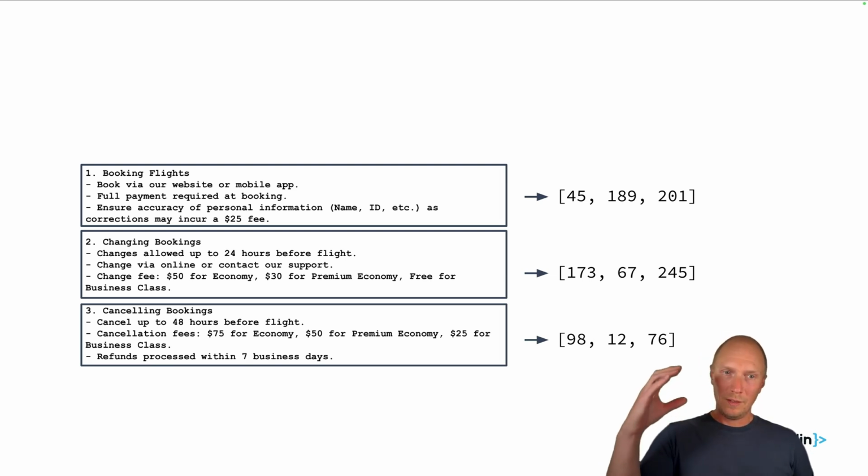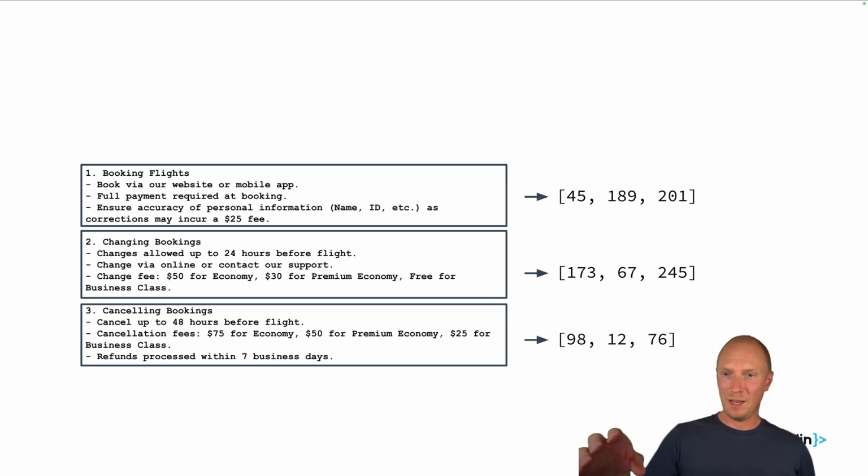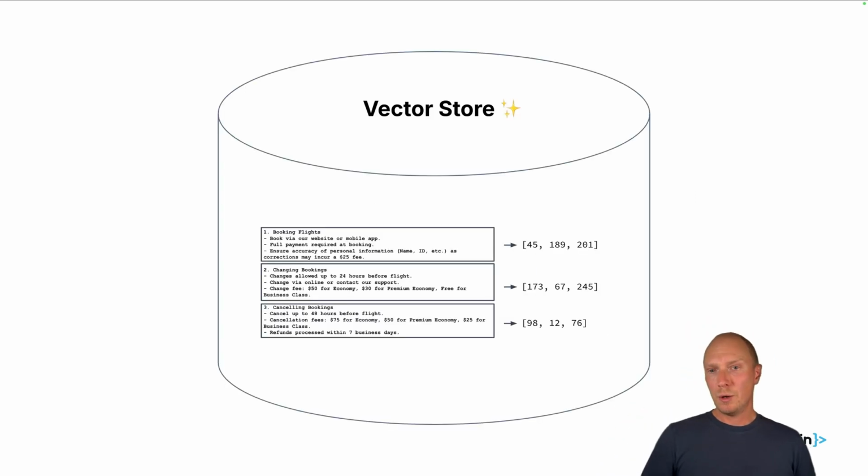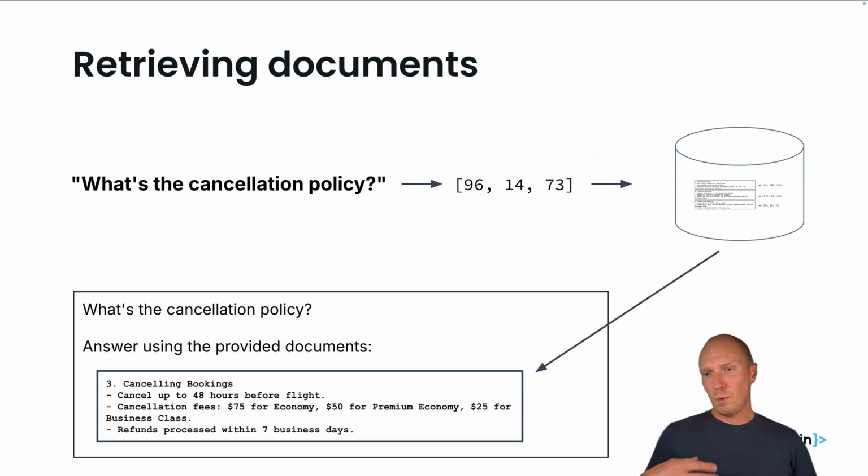All right, so we've taken the text, and we've gotten embedding values by calling an API that gives us this vector value. We're going to take those and put them into a vector store, which is a database that's good at doing vector math. And then when a user comes in and asks us a question, in this case, what's the cancellation policy?